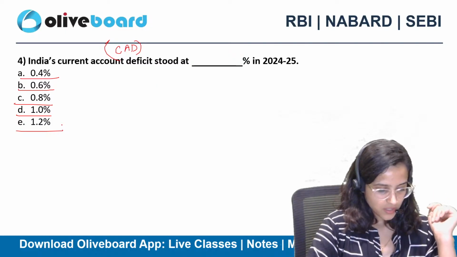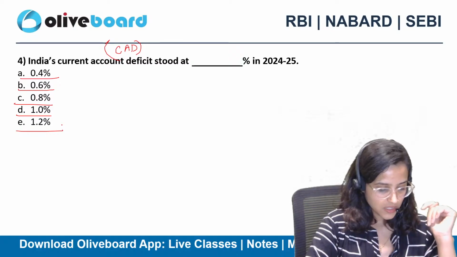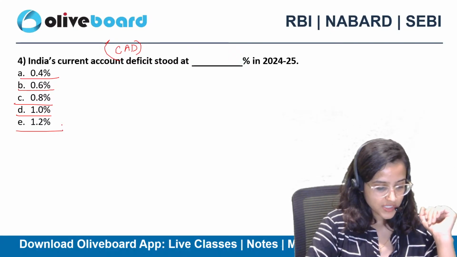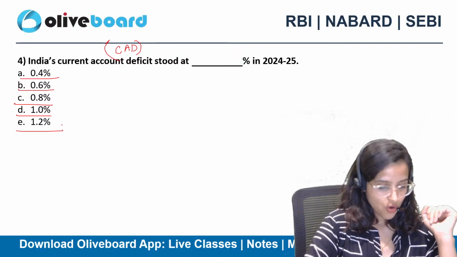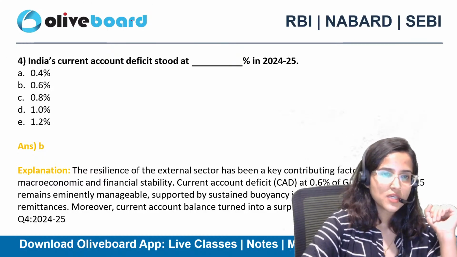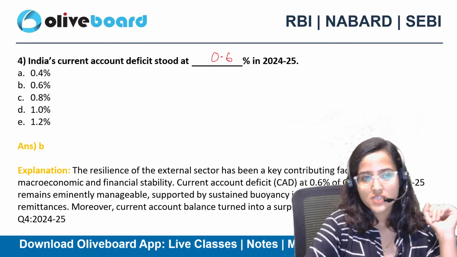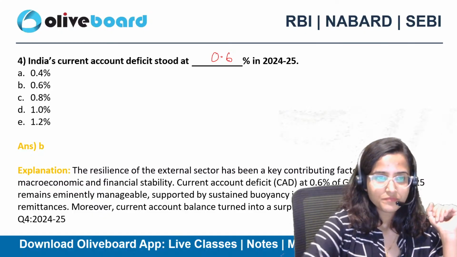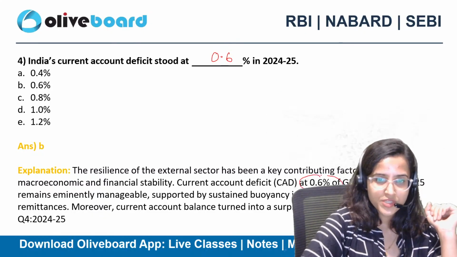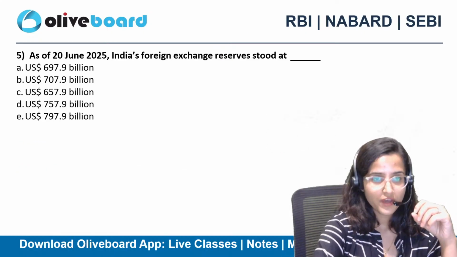Abhigyan is saying B. Anurag, B. Parmeshwara is saying E. John is saying B. The correct answer is B. It is 0.6%. Okay, it is 0.6%. So current account deficit is 0.6% of GDP during 24-25.